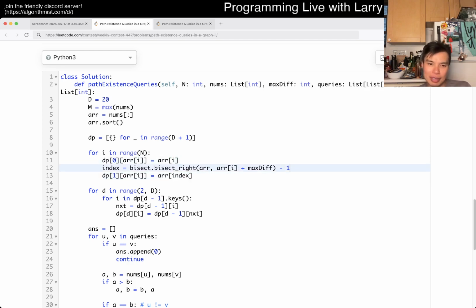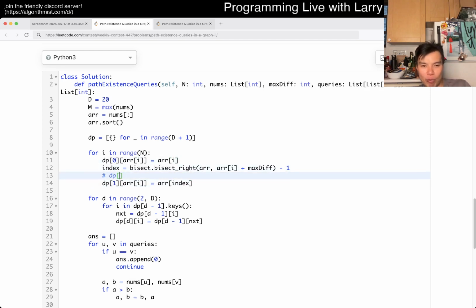DP of 1 of X is equal to the max number X can get to after one jump, right? And more precisely, after one jump is after one jump.